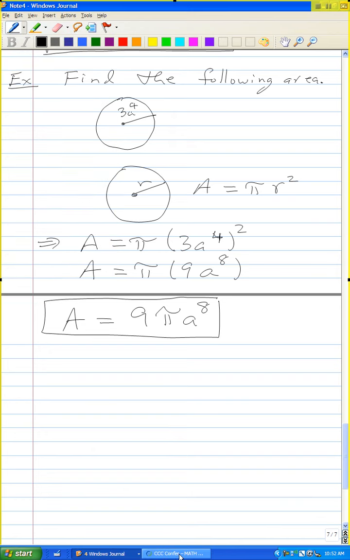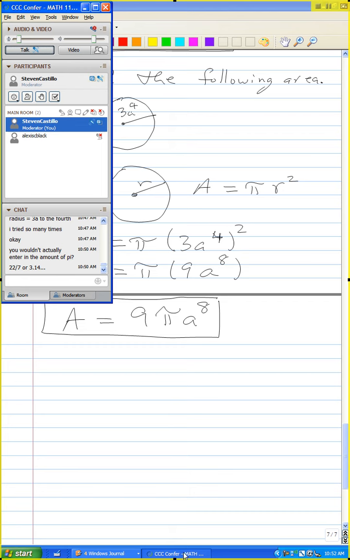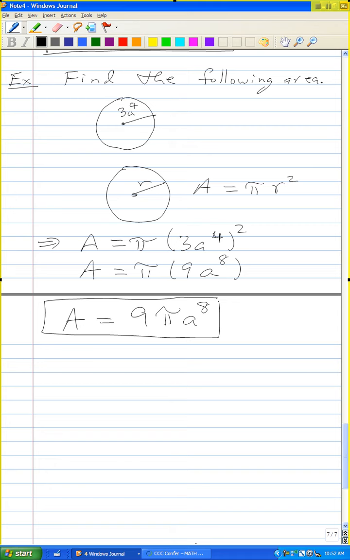You would only enter an approximate answer if the particular problem said to enter an approximate answer, and they would have to give you what the approximation is. So again, if they said use 22 over 7, or if they said 3.14 or whatever, only then would you do it.